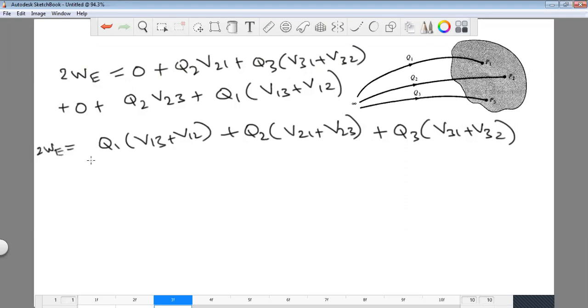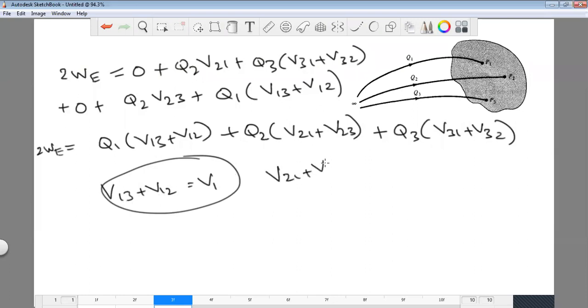When arranging the charges in any order, we can replace the electric potential V13 plus V12 as V1, because the total electric potential is the potential difference with respect to the other charges. So V13 plus V12 equals V1, V21 plus V23 equals V2, and V31 plus V32 equals V3.